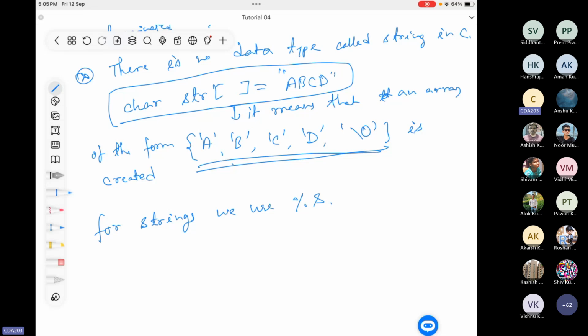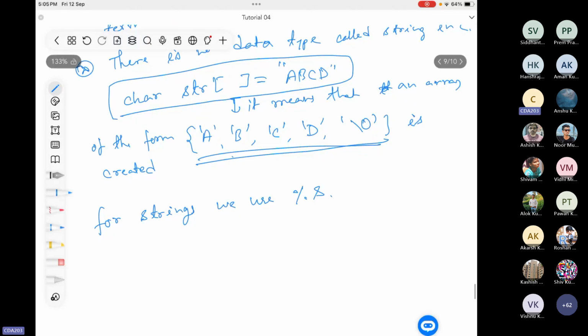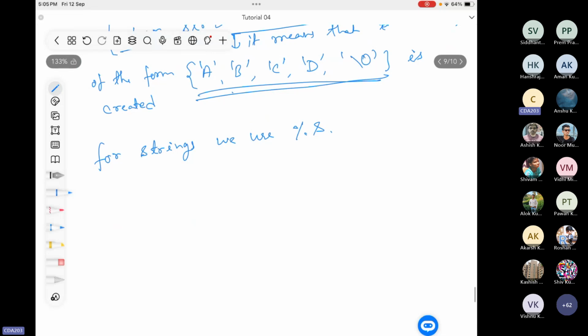So this is the basic difference: we are using %s whenever we are trying to use strings.